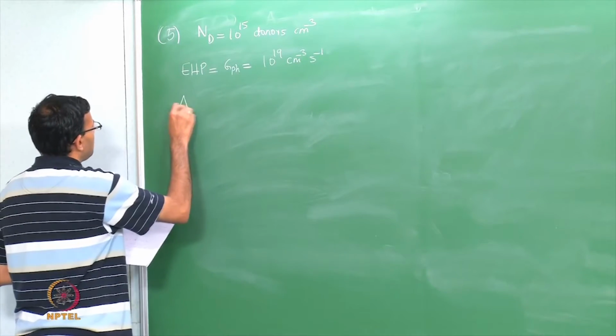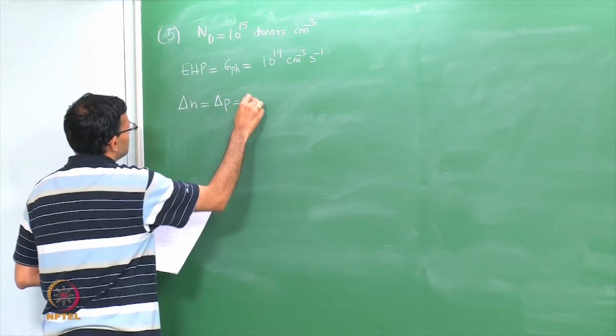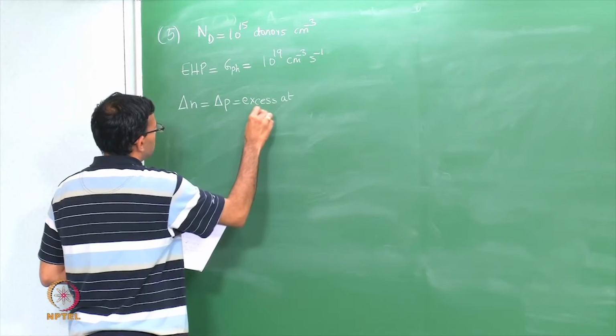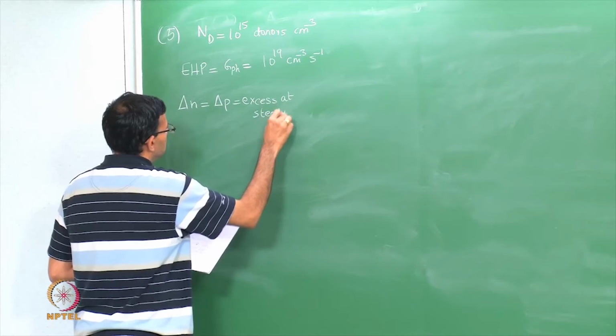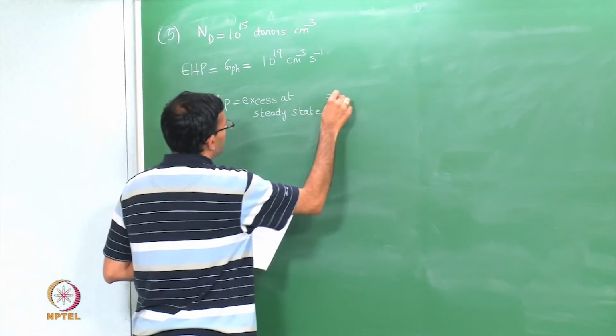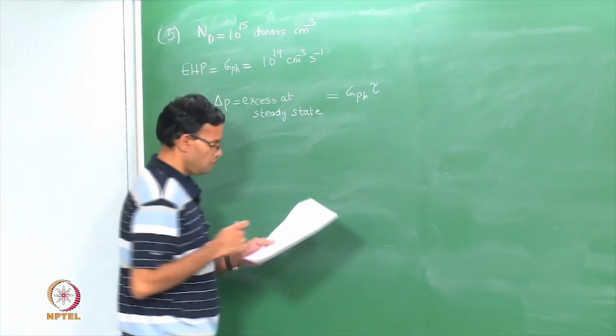So, these are the number of electron hole pairs that are generated. We need to calculate the excess carriers at steady state. This we have seen before, is nothing but Gph times tau.